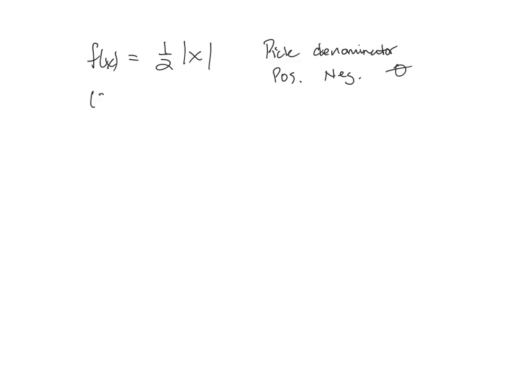Okay, so this one we do end up picking 2, 0, and negative 2 like I have in most of the problems. But again, if that was a 3, pick 3 and negative 3, and then you could still do 0. All right, so when I plug in 2, remember this means multiply, so the absolute value of 2 is just 2, so 1/2 times 2, everything just reduces and we get 1.